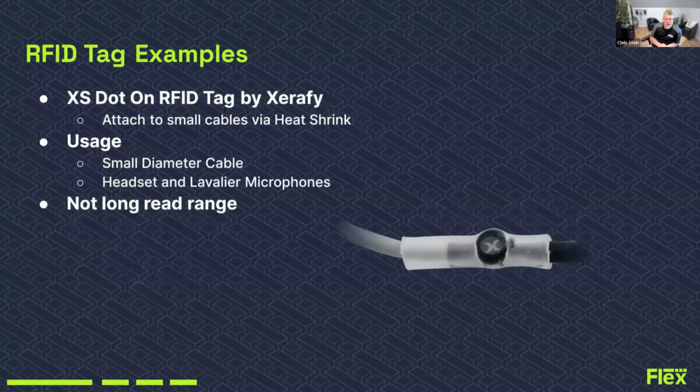There are other types of tags out there. One of them that I found that's been very useful is the S dot made by Xerify. This is a great tag. Here's an example of a headset microphone. We have heat shrunk that small tag directly onto the cable.